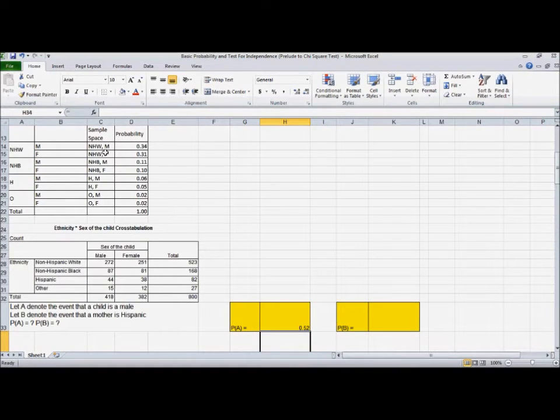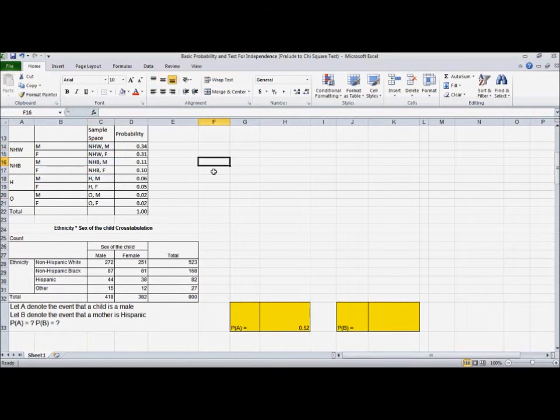If we see here the outcomes which include male children, we see 1, 2, 3, 4. Now if you were to add these probabilities, what do you think they would add up to? They would add up to this value, 0.52.